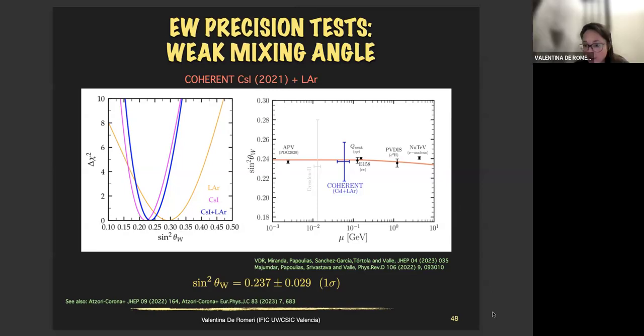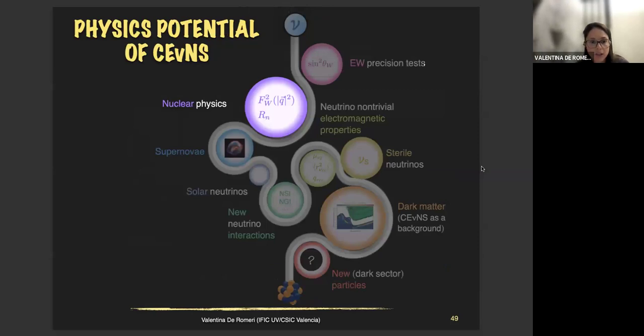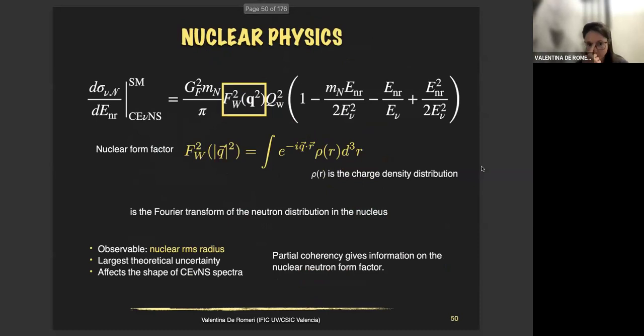Okay, so let me continue with some standard model physics that can be studied using CEvNS, in particular nuclear physics. So let me go back to this differential CEvNS cross-section. Now, nuclear physics enters through this nuclear form factor, which is basically the Fourier transform of the nucleon distribution inside the nucleus.